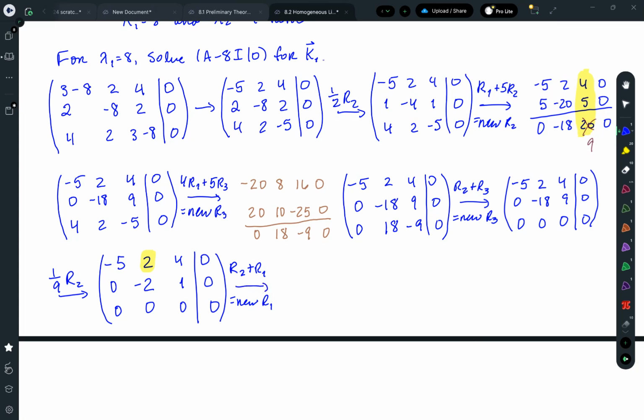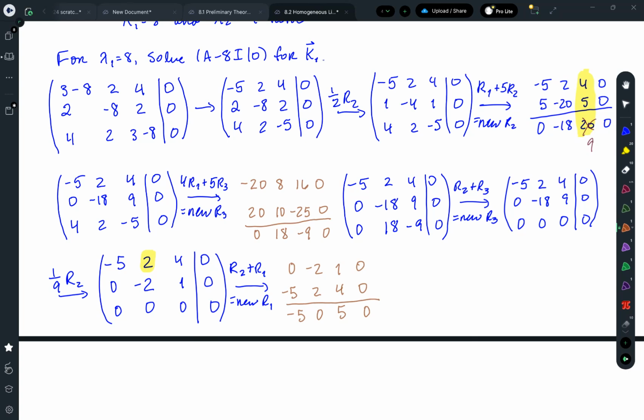Let's see what that looks like. Row 2 is going to be 0, negative 2, 1, 0. Row 1 is negative 5, 2, 4, 0. When I add columns, I get negative 5, 0, 5, 0.